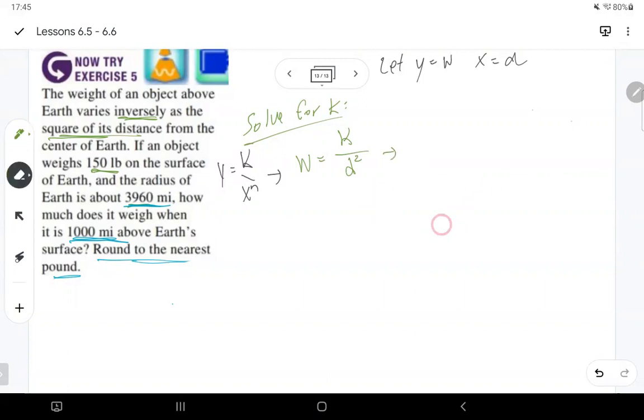And we have some items to plug in. So we know for 150 pounds, and the distance from this radius is that, then your k will be 150 divided by that squared.